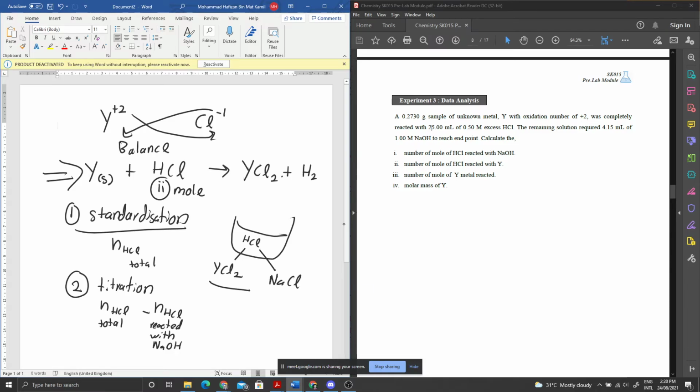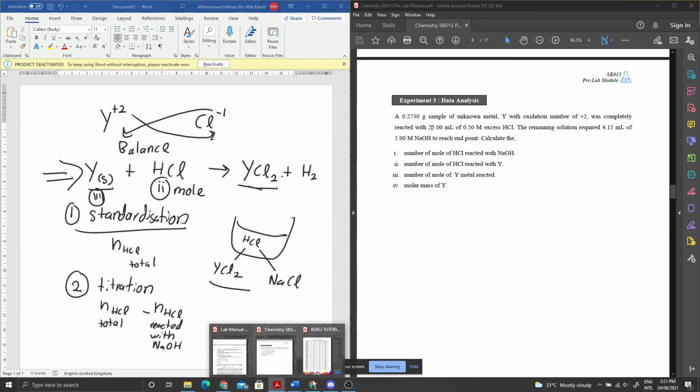So you boleh cari number of molar mass of Y. First dia minta number of mole dulu, so cari mole ini, and then you boleh cari molar mass. Okay, is everything clear so far?